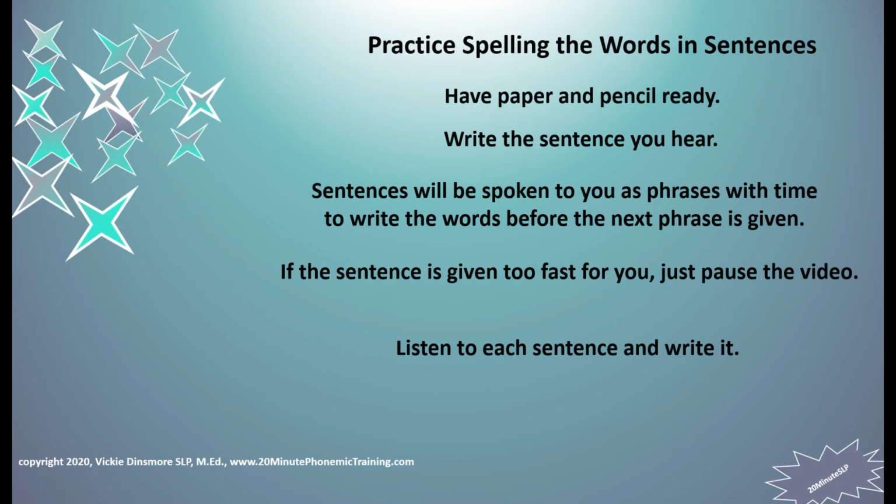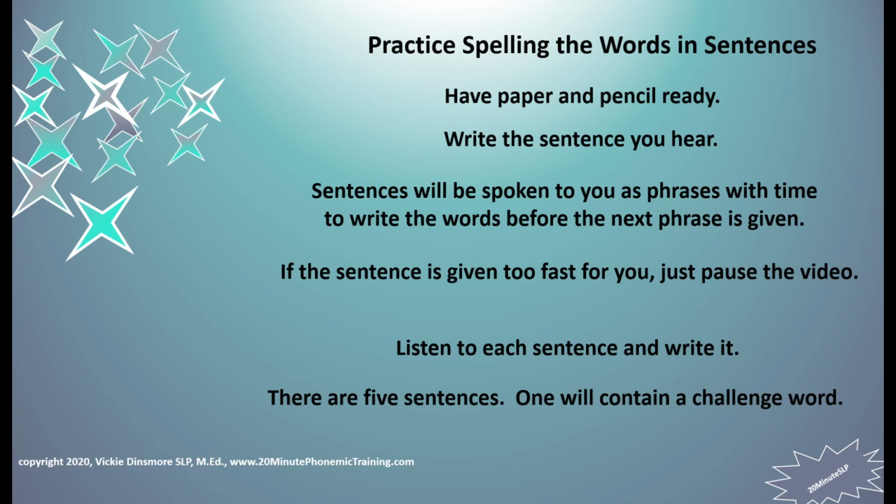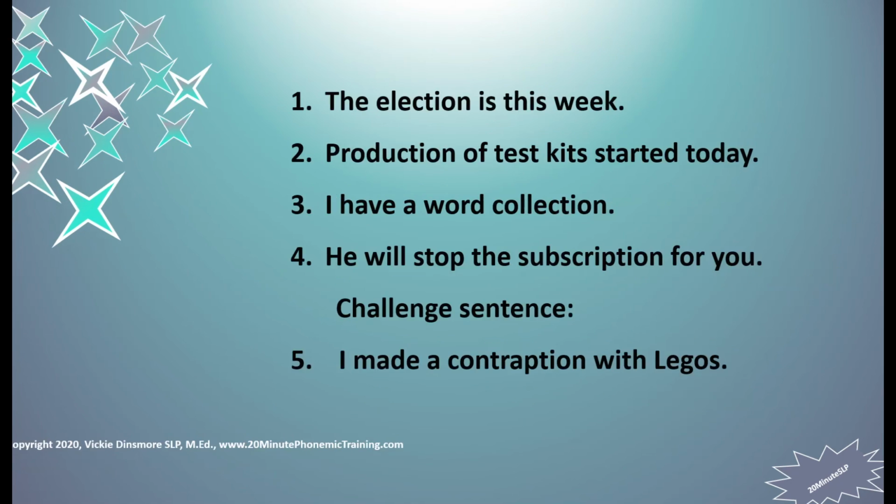And number 5, I made a contraption with Legos. And here are your sentences. Take a look and see how you did. Pause the video to give yourself time to be able to see each one.